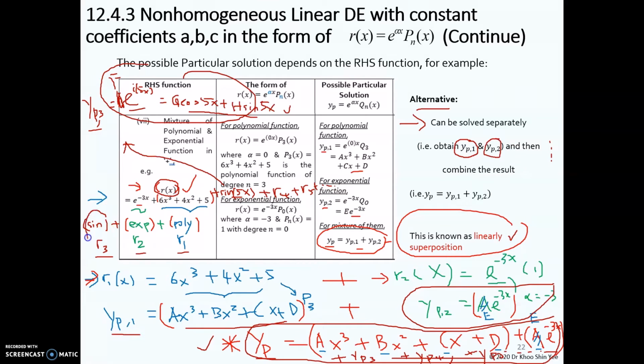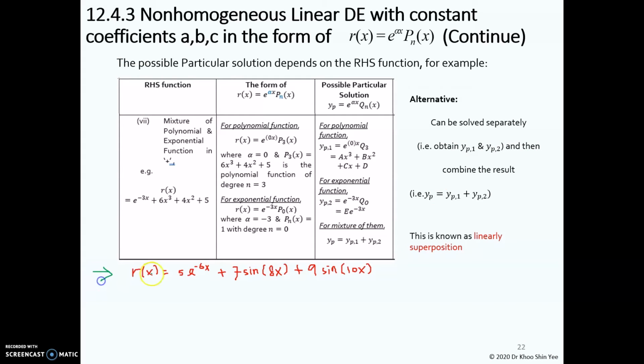Then you continue with the R3 to obtain the Yp3, R4 to obtain the Yp4, R5 to continue to obtain the Yp5, and so on. Once you obtain all the solutions separately, then the total particular solution will be the superposition of all the solutions here.